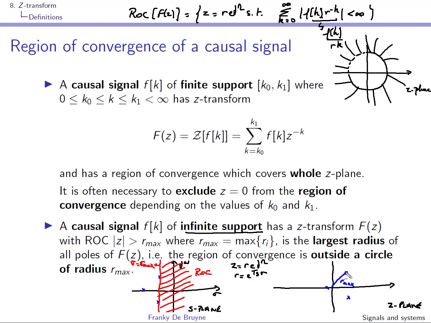It will be outside a circle of radius r max. So this is the region of convergence in the case of a causal signal with infinite support.